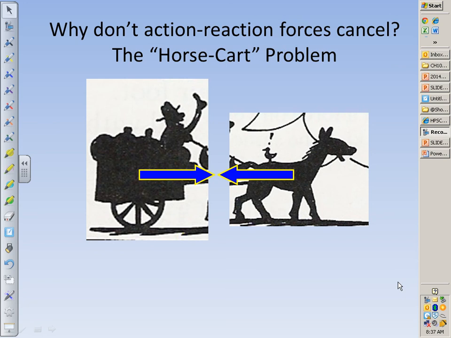So, first question: do these forces cancel each other out? Forces that cancel each other out result in what? Equilibrium. From a motion standpoint, what would the motion look like? They wouldn't move. But what happens here? Both of them move. So are those forces canceling each other out? No. Why not?